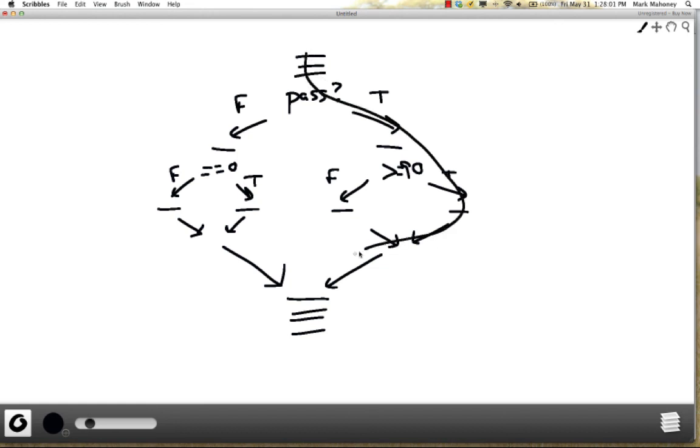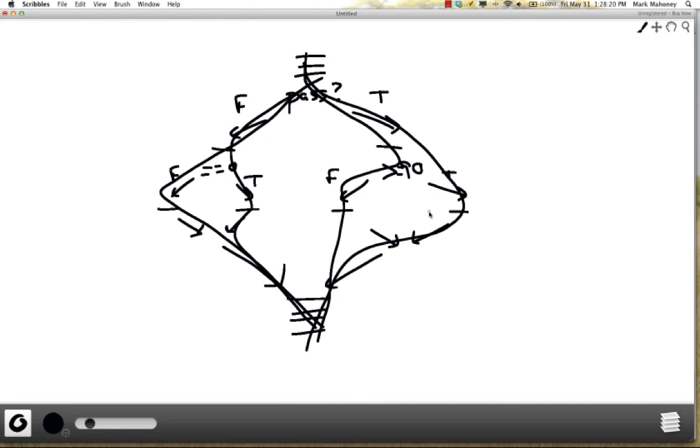Here's one, that's a really good grade. Here's another, this is a passing grade but not excellent. Here's a failing grade where nobody turned anything in, and here's a failing grade where they turned something in and it just was no good. So those are the 4 paths through this code. You might want to think about paths as you're writing code and when you're thinking about how to solve problems.